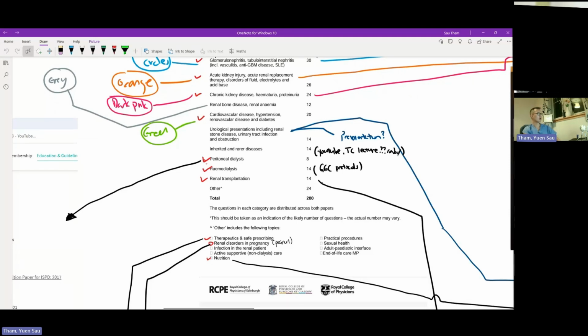I don't know how the layout is and how useful it is in terms of studying, and I don't know whether you need a login. But I'll just put it there in case one of you has got a login and can tell me it is incredibly useful for the exam. I've never used it myself, hence the 3 question marks. Okay, so that's inherited and rare diseases, 14 questions.